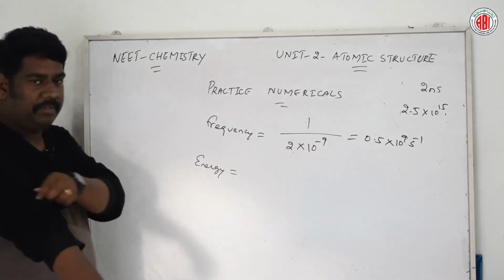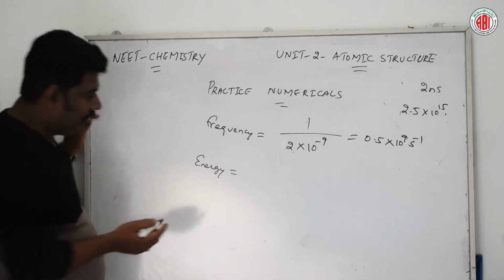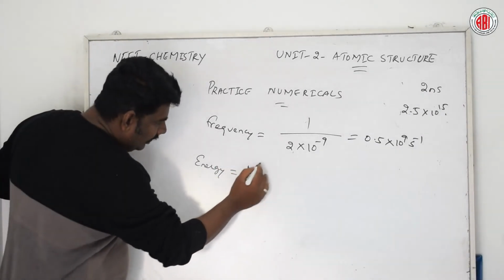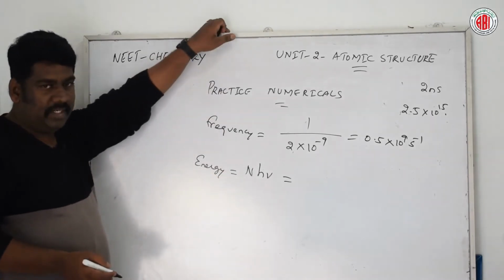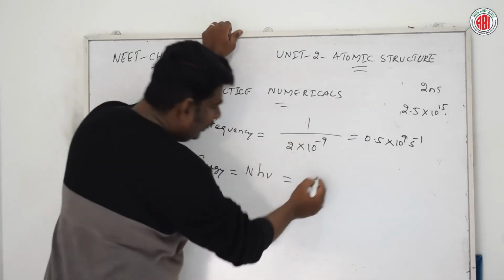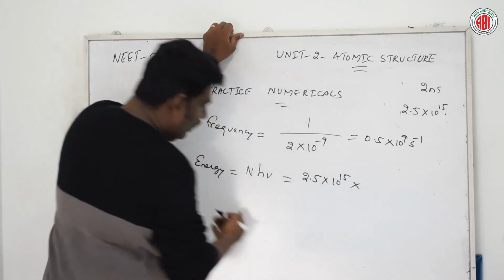Energy is equal to the number of photons and h nu, frequency. So n h nu, where n stands for the number of photons emitted, that is 2.5 into 10 to the power of 15, into h.